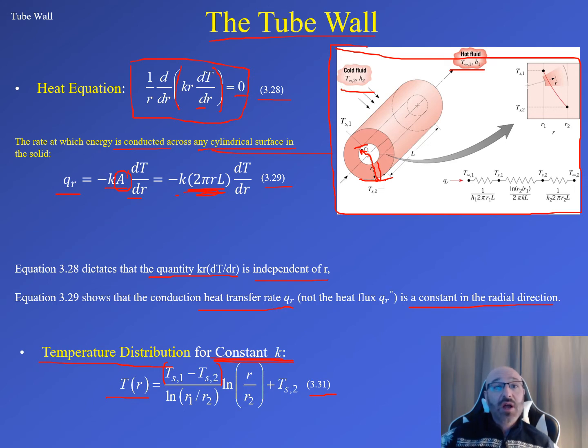This is divided by the natural log of that ratio of r1 over r2, where r1 is the inner radius and r2 is the outer radius, times the natural log of r divided by, r being any distance from that center of the tube wall, our outer radius r2, plus that outer surface temperature T_s2. And again, this goes back to 3.31 in our textbook.